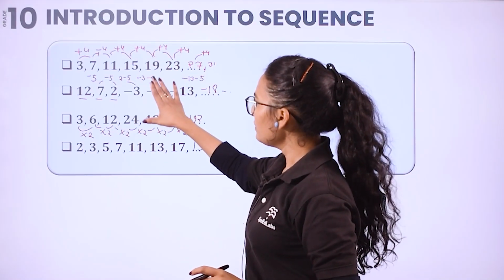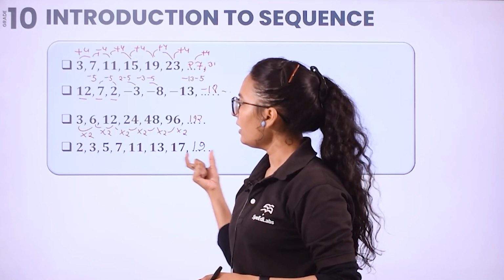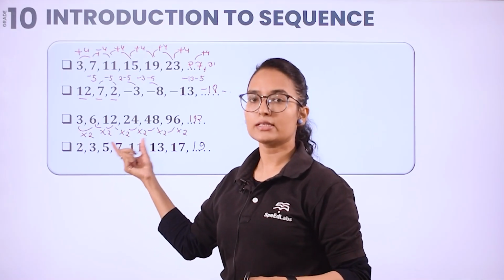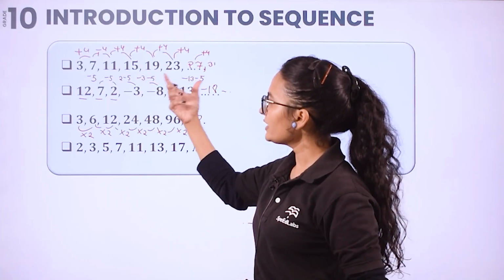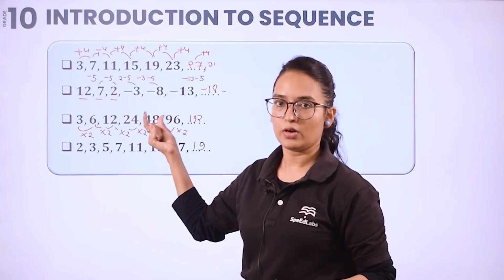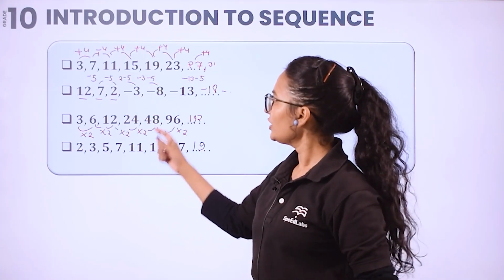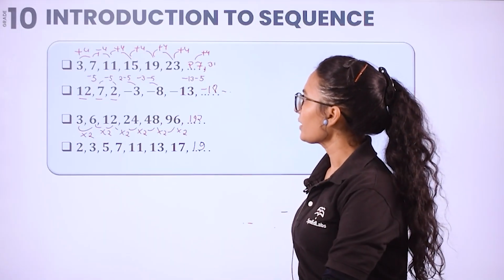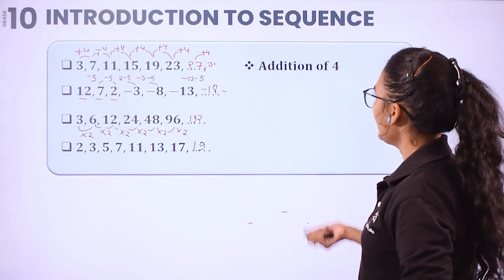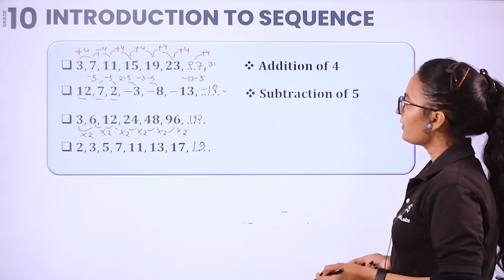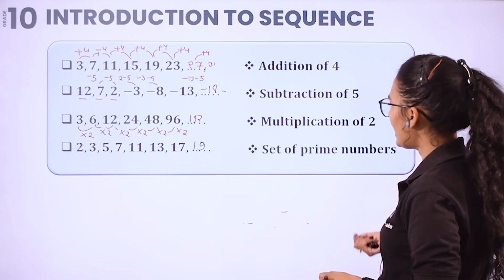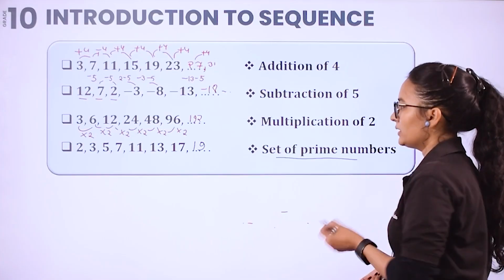Some of them are using a mathematical concept, and this is the rule, you can say. What is the rule here? It is a sequence of prime numbers. This is the sequence which follows a mathematical rule. This is the logic, this is the rule. So we can see here the explanation. Addition of 4, that is giving me the next number here. Subtraction of 5, multiplication of 2, and the last one is a set of prime numbers.